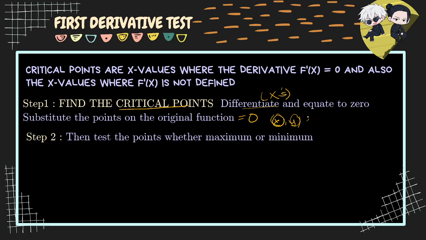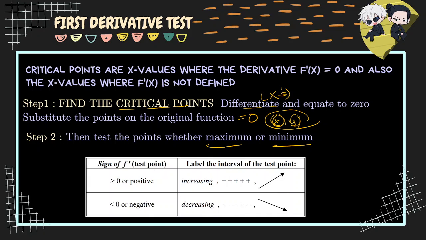Then, pag meron na tayong points na x and y, i-determine na natin yon kung siya ba ay maximum, minimum, or hindi naman pala siya relative extrema. Okay? So, in order for us to test whether maximum or minimum, we are going to test the point using the first derivative test.